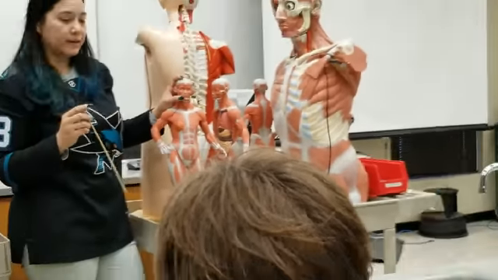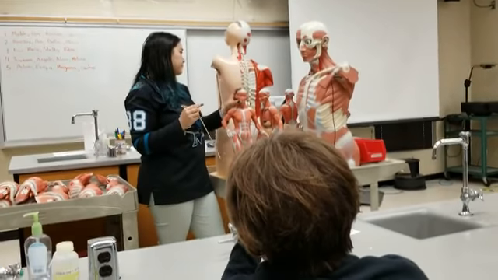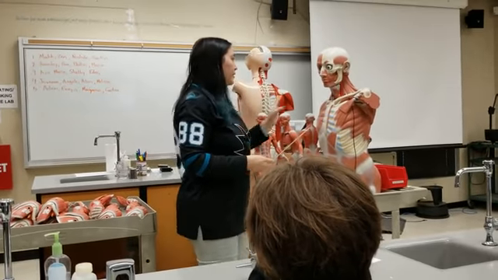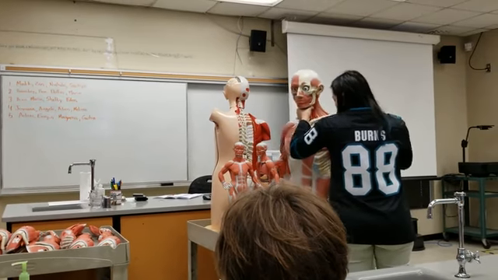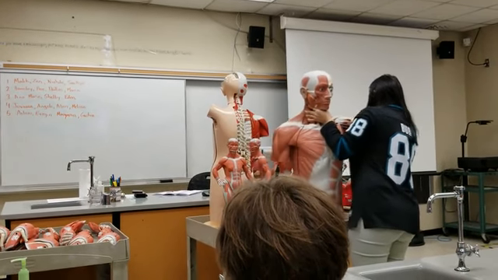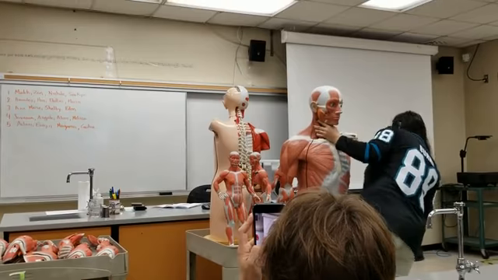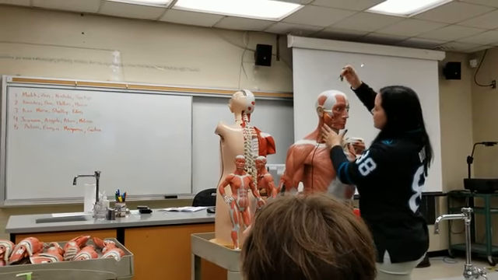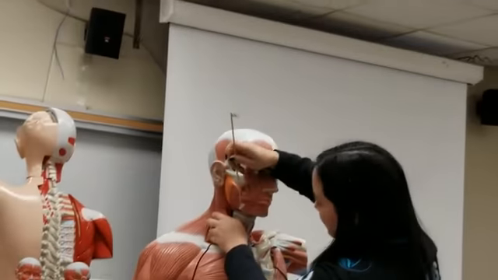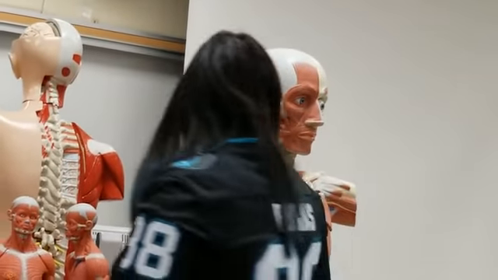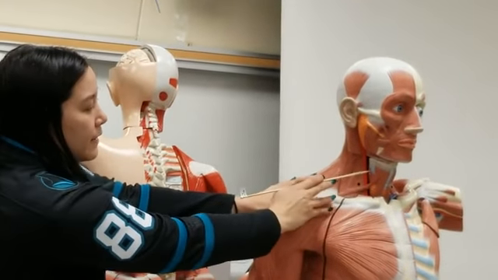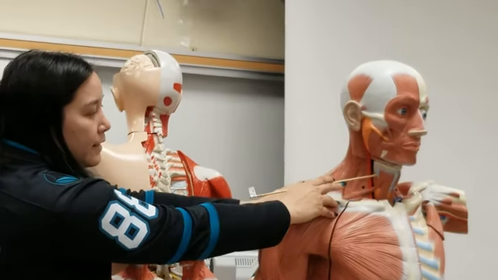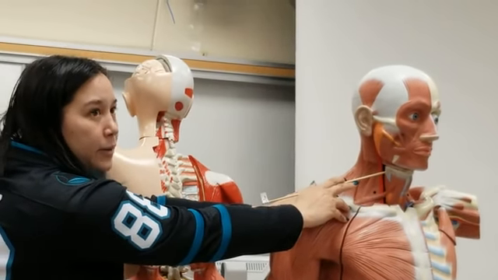Okay? And then we have the thyrohyoid can only be seen on this one, and it can only be seen on the superficial view on this one side. I knocked off his belly, I think. So if you're over there, you're going to have trouble seeing this. There's one muscle right here that goes from the hyoid bone.